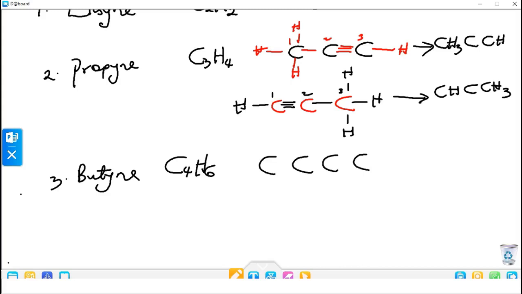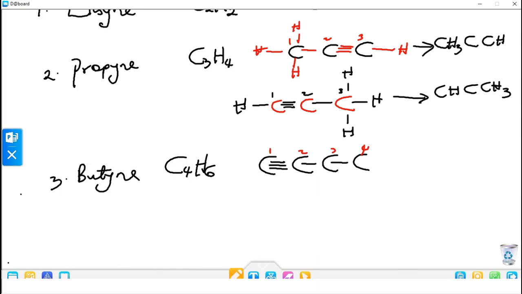Since it has 4 carbon atoms, we may choose to place our triple bond between carbon 1 and carbon 2, depending on which side we choose to label as our carbon 1 and carbon 2. So having seen that, our carbons are 1, 2, 3, and 4. It means that our carbon 1 and 2 are having a triple bond, and here we must have single bonds.